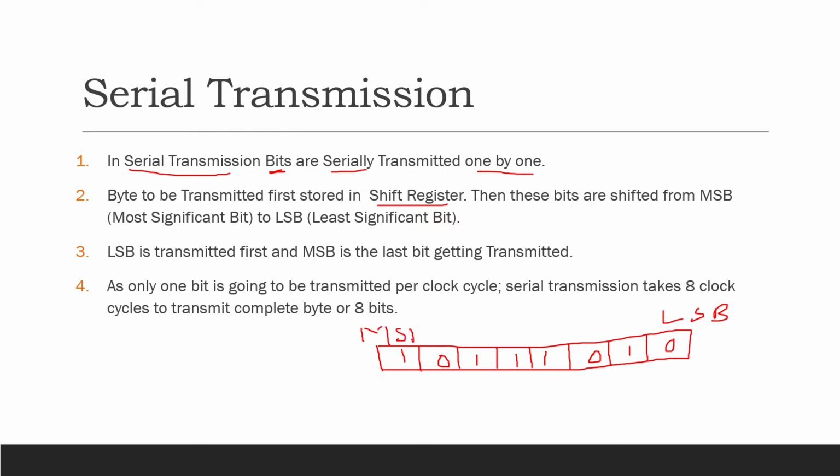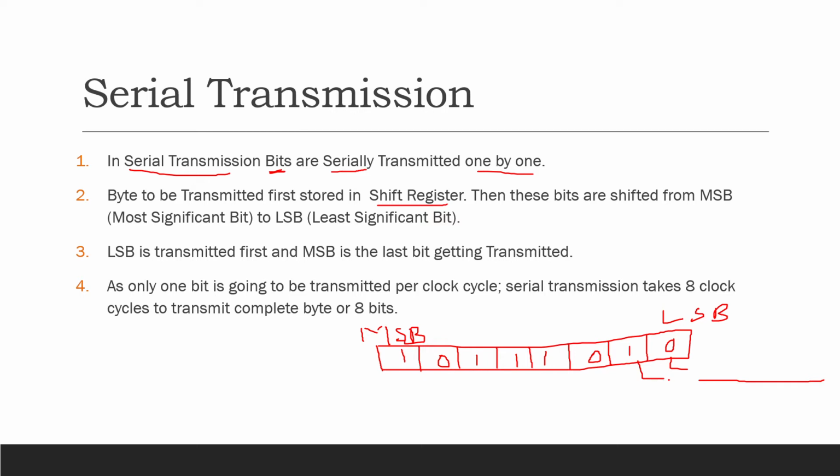These are the abbreviations. So before transmission of the digital data, that data is saved into the shift register. And then what happens? We transmit the LSB first, that is the least significant bit first, over a cable.